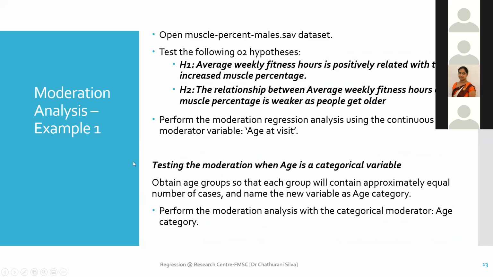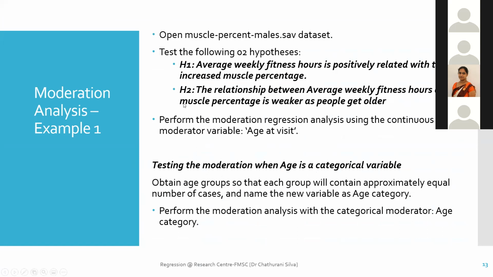Then I'm using the same dataset to check this as a categorical variable so that you all learn how to do the moderation analysis with a categorical variable as well. Using the same dataset, I will explain both. Remember, you are not going to do that in your research.